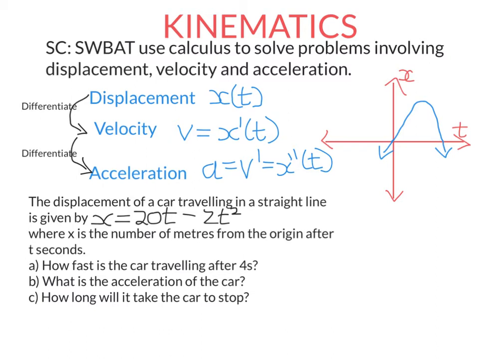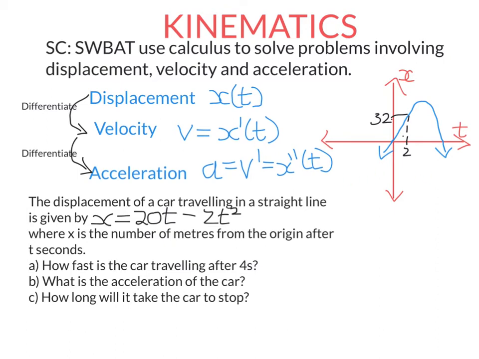It's just a function that allows us to read off the displacement at a given time. For example, if I substitute in t equals 2 into this formula, I get x equals 32. So after 2 seconds, the car is 32 meters from its starting point, even though this isn't the path it's taking.